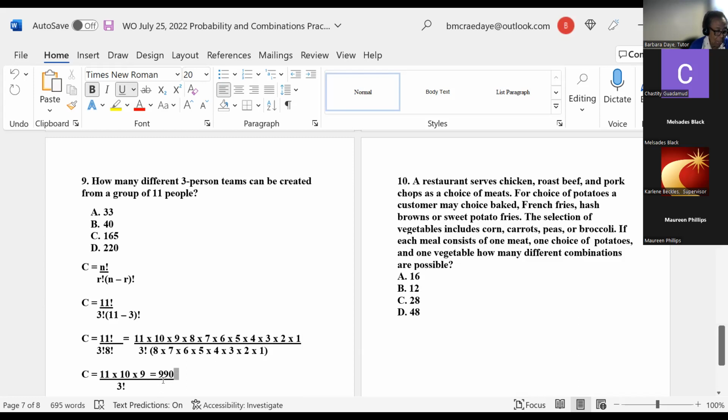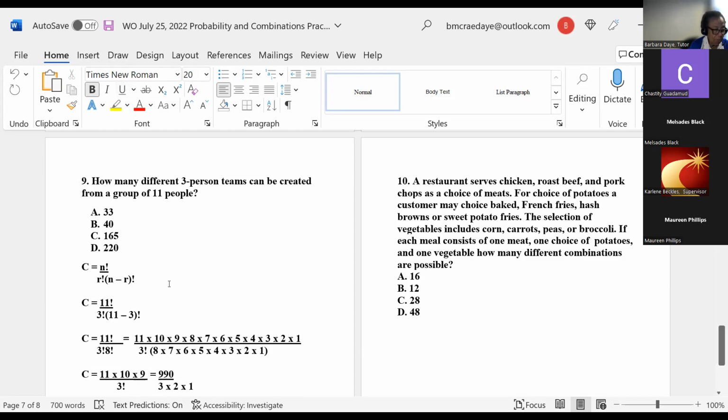Right? And 3 factorial is 3 times 2 times 1, right? Let's take this out. And what's 3 times 2 times 1?